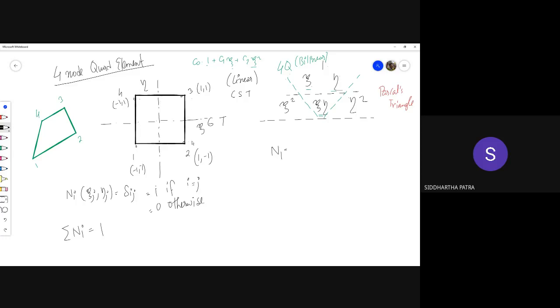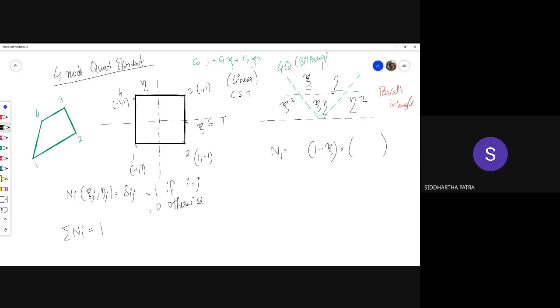Now, can you tell me what is the equation of the line 2, 3? Xi equal to 1. Therefore, if I put 1 minus xi multiplying some other term, this N1 is trivially 0 on this line.